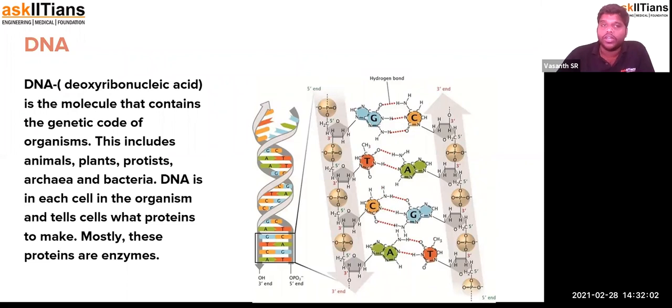DNA is also called deoxyribonucleic acid. That's the expansion of DNA, and it is a molecule which contains genetic codes. Genetic codes are available in sets of 3.